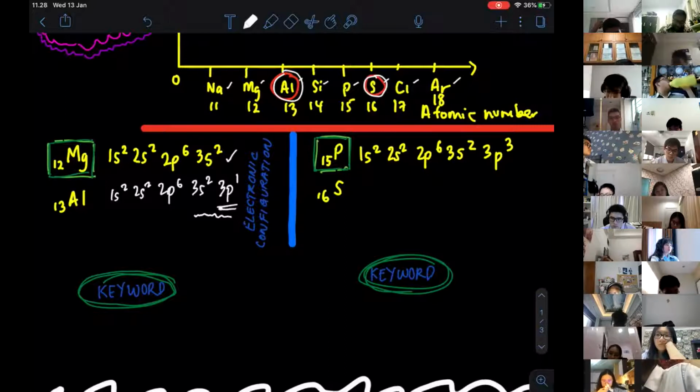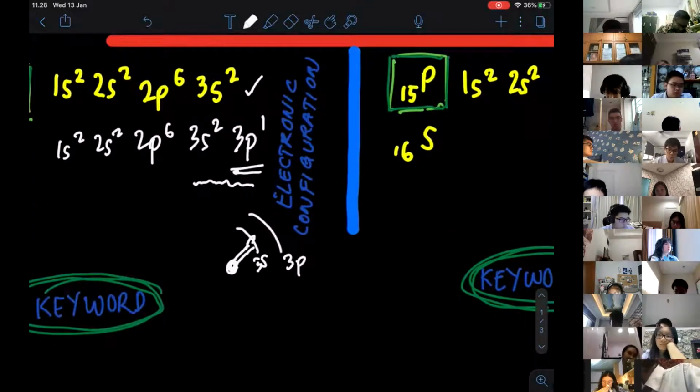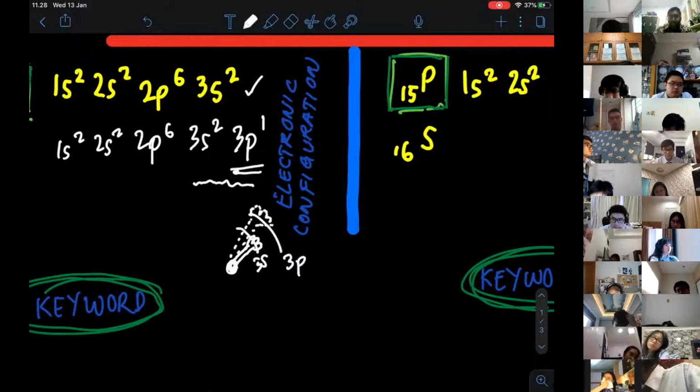Therefore, if I put it in terms of a diagram, imagine this is the nucleus, and this one is 3s. 3p is slightly further. If you want to hold the electrons in 3s, the nucleus will have better ability to hold them. But when it comes to the electrons in 3p, the nucleus will not be able to hold them properly.